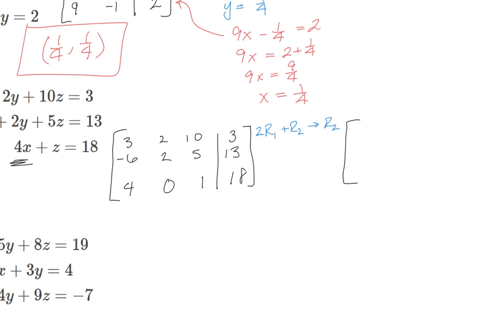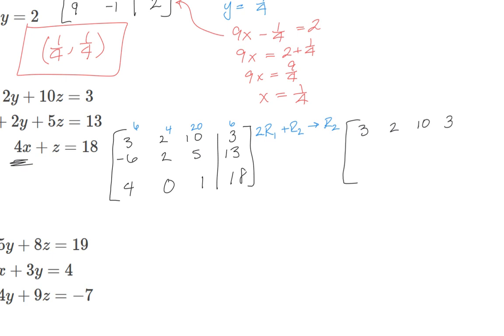So my first row, 3, 2, 10, and 3, does not change. If I take the first row and multiply by 2, this becomes 6, 4, 20, and 6.